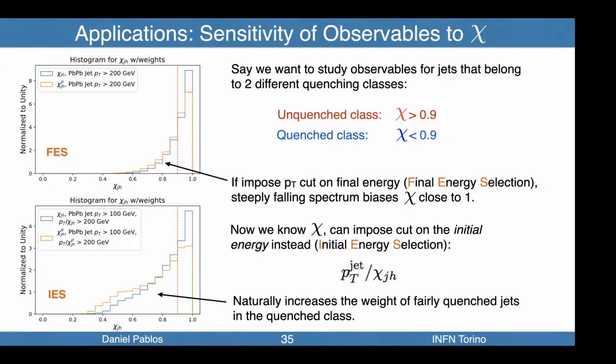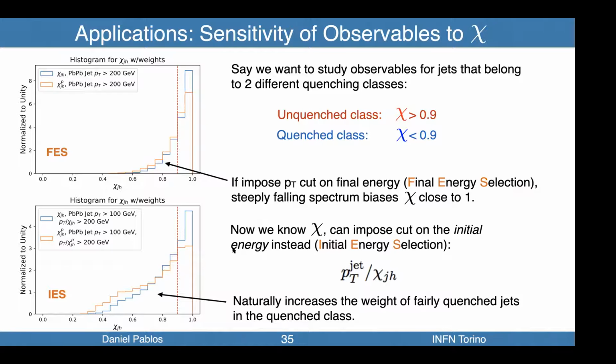So we can try to do some applications with this. We can try to study jets that belong to different quenching classes. If you look at the chi, at the energy loss distribution of jets that are above 200 GeV, you will see that they are very biased towards having small energy loss. Otherwise, they wouldn't have passed the cut.